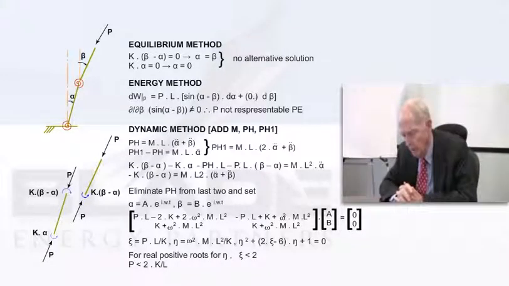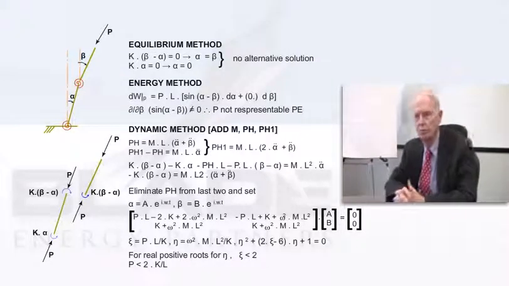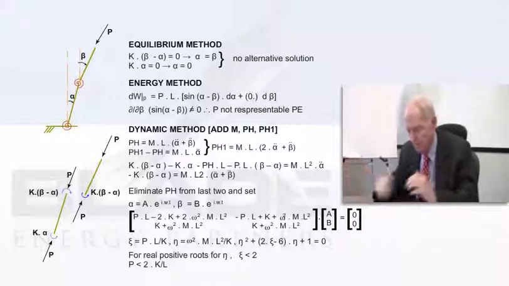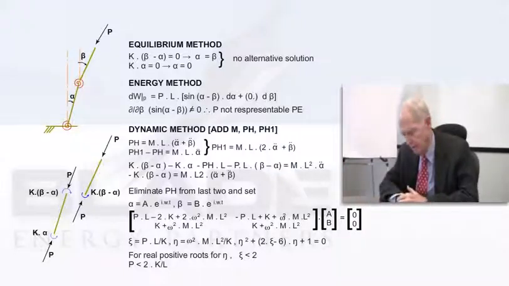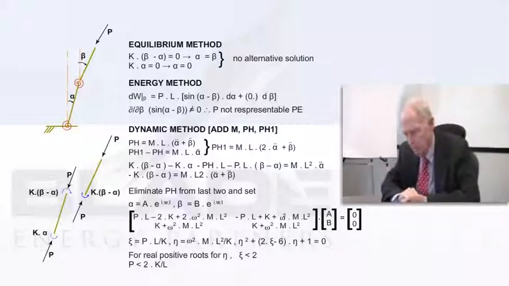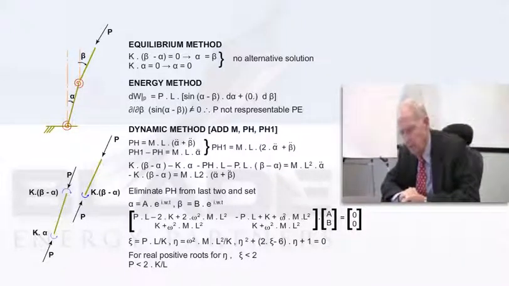And if you recall the Euler buckling load, pi squared EI over L squared, everybody just ought to be able to be shaken out of their sleep and tell you that equation. So if it were not a follower load but a vertical load, the load you would get is pi squared EI over L squared.